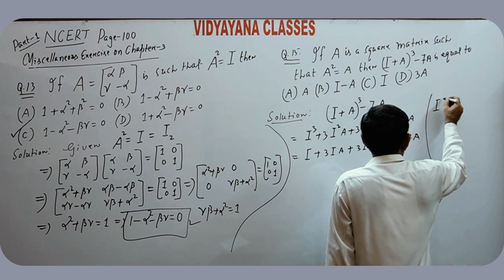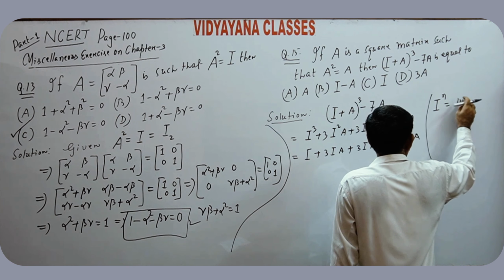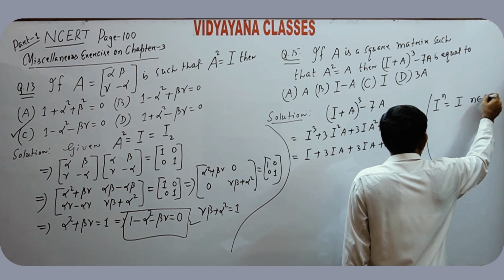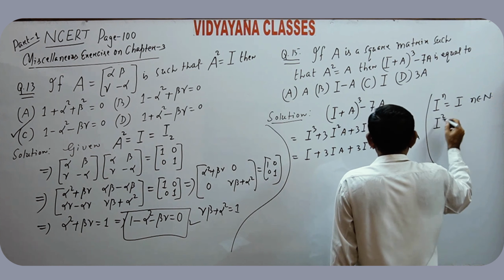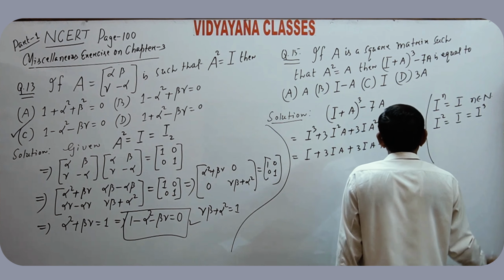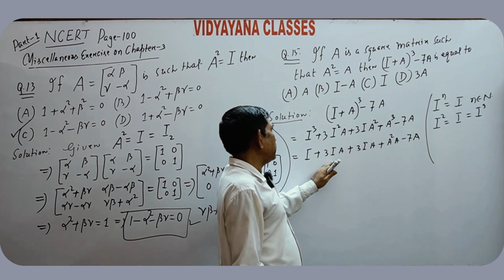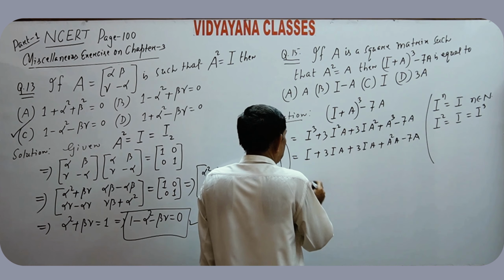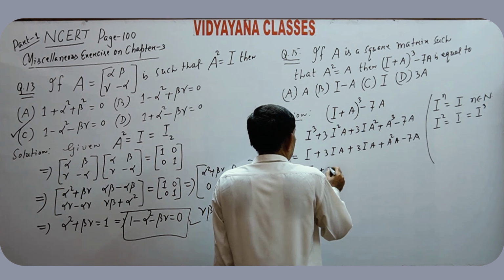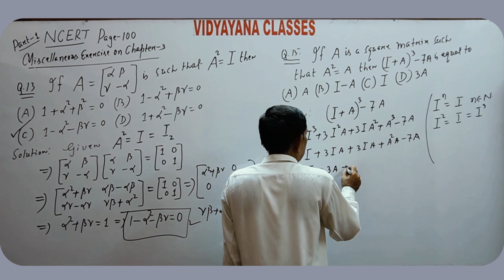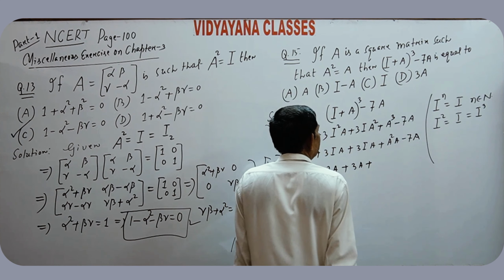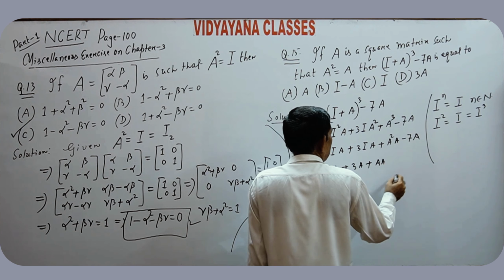I to the power n is equal to I, n belongs to capital N. I square is equal to I, which is same as I cube, which is equal to I. So we get I plus 3A plus 3A plus A square is equal to A into A minus 7A.